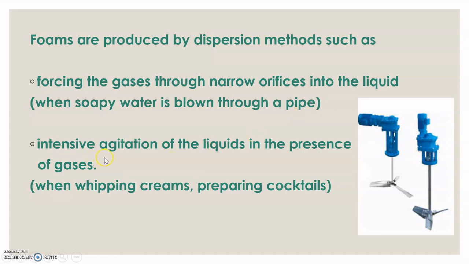Another method is intensive agitation of the liquids in the presence of gas using mechanical stirrers like this. The common examples that you usually see are whipping of creams or preparing cocktails.